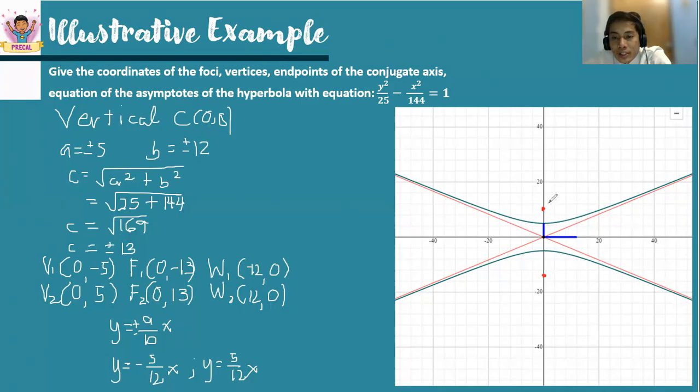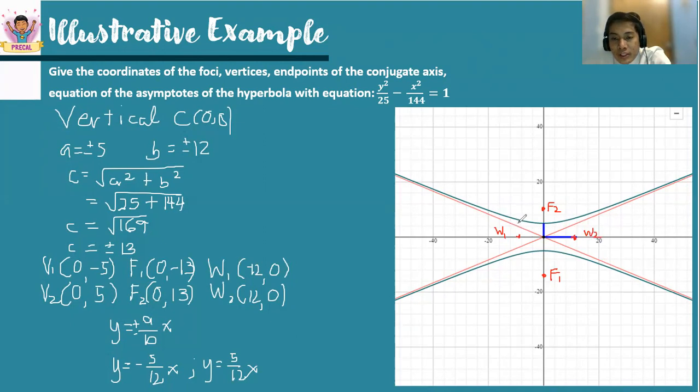So this is your f sub 2, and this is your f sub 1. Now this gives us the value of 12, so somewhere here are our w sub 1 and w sub 2.